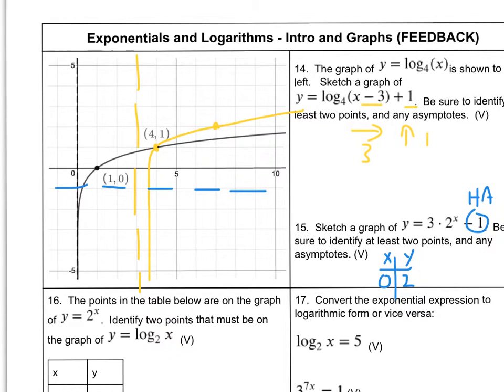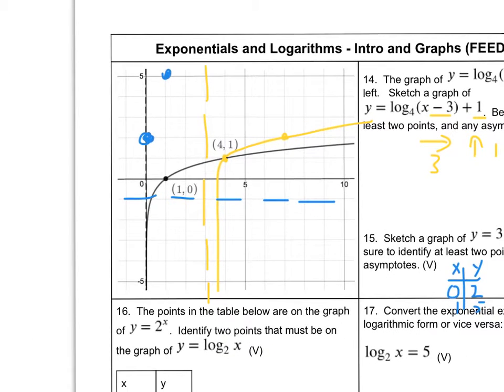So we get 0, 2. And if I plug in, let's say 1, this is going to get real big real fast. We're going to have 6 minus 1 is 5. And I have a feeling that if I try to plug anything else in, I'm going to go way off the grid here, or get some unpleasant decimals. So that graph would be something like this. Not great at fitting on here, but if you have the asymptote and a couple points, you're in good shape.